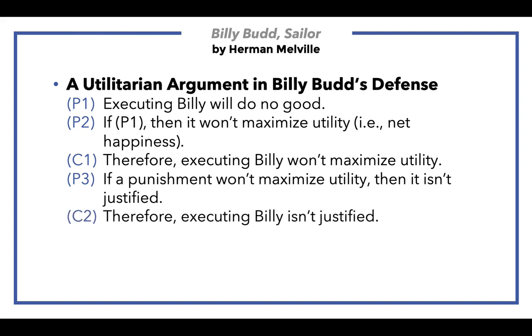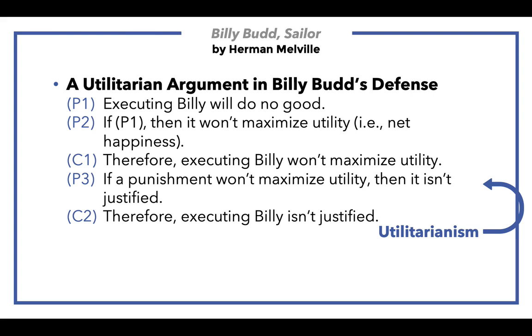Conclusion: executing Billy isn't justified. Again, premise 3 is a utilitarian claim. It's just utilitarianism about punishment set into the argument. If the empirical facts are as they are described here, if executing Billy will do no good, then utilitarianism entails that we cannot execute Billy.